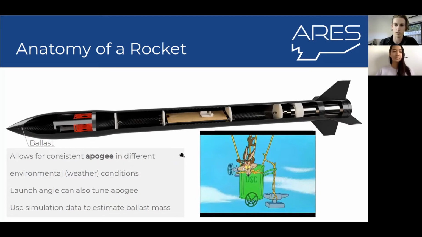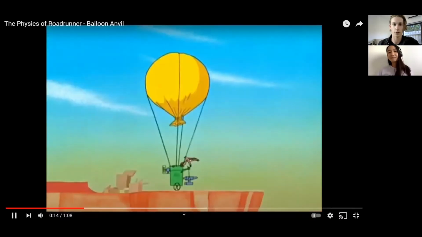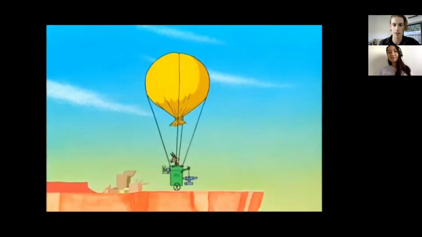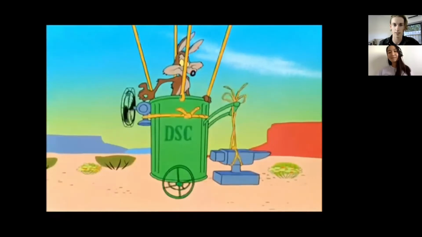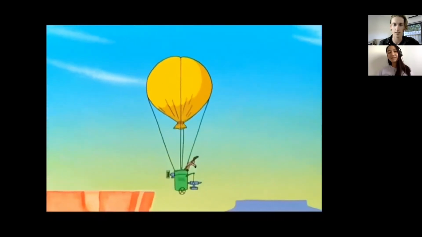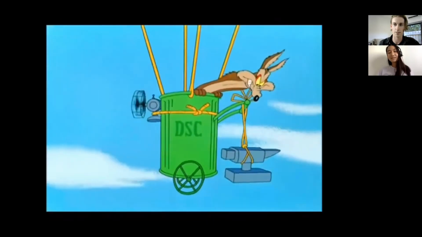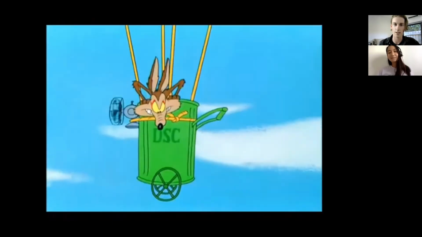So we've got this educational film that explains how ballast might be used. This bloke has chosen to use an anvil as his ballast, and the ballast keeps him at a consistent altitude. So that's his current apogee using that mass of whatever the anvil weighs.